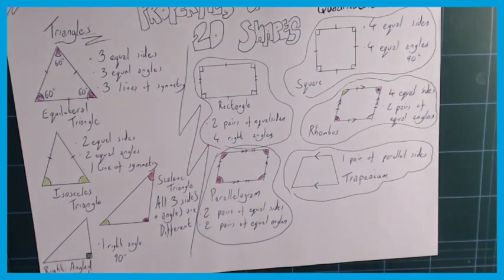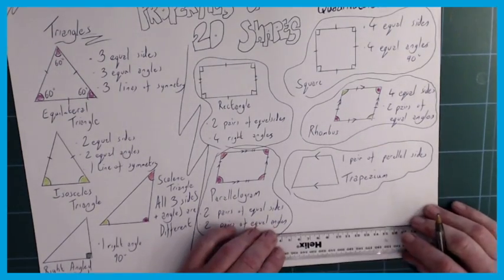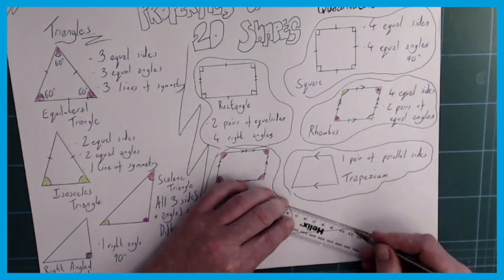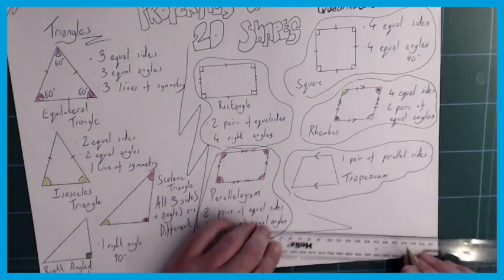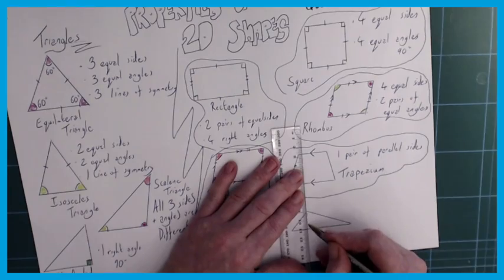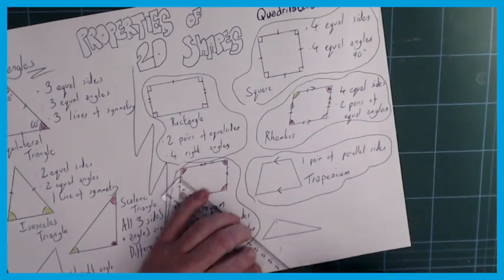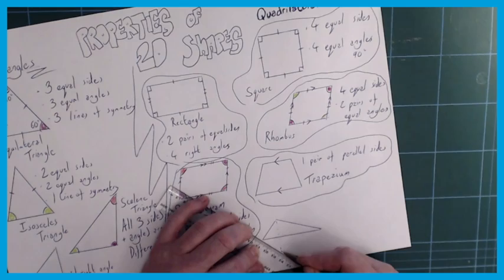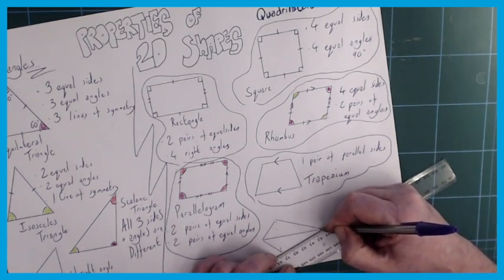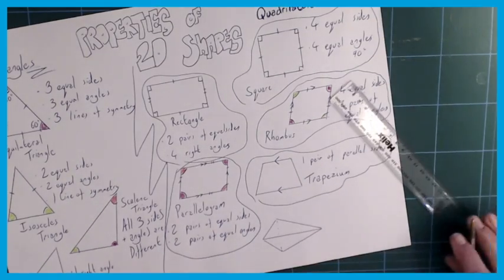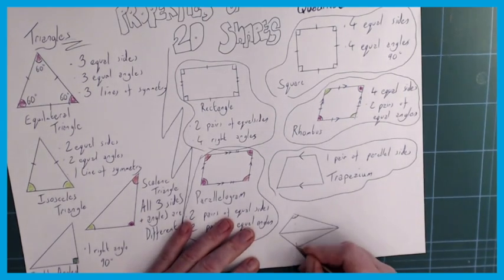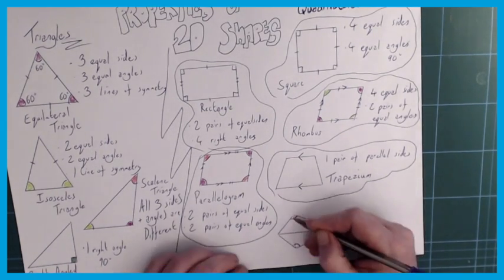And one final one to do. Let's squish this down to the corner. And this has 1 pair of equal angles.